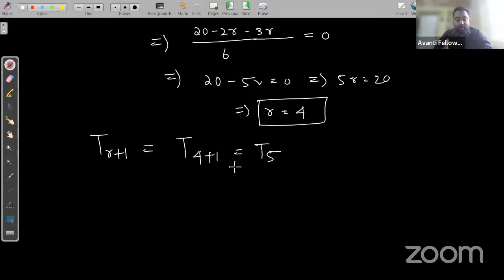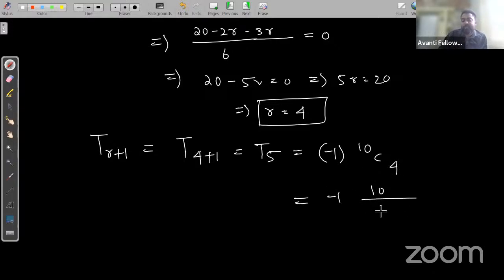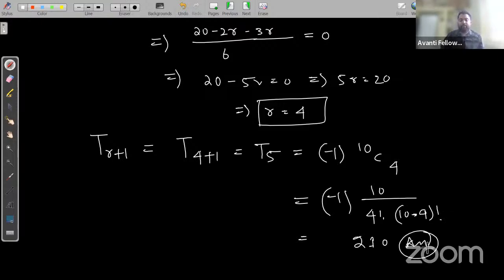The fifth term will be independent of x when r is equal to 4, which will be minus 1 into 10c4. In 10cr, in place of r, we need to substitute 4. The value of this will be minus 1 into 10 factorial upon r factorial into 10 minus r factorial. So this will give you 210. So the answer will be 210.